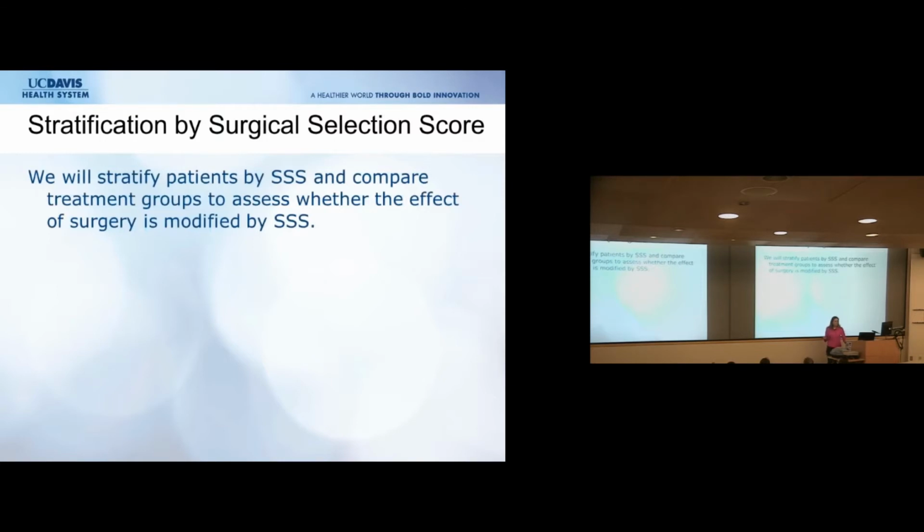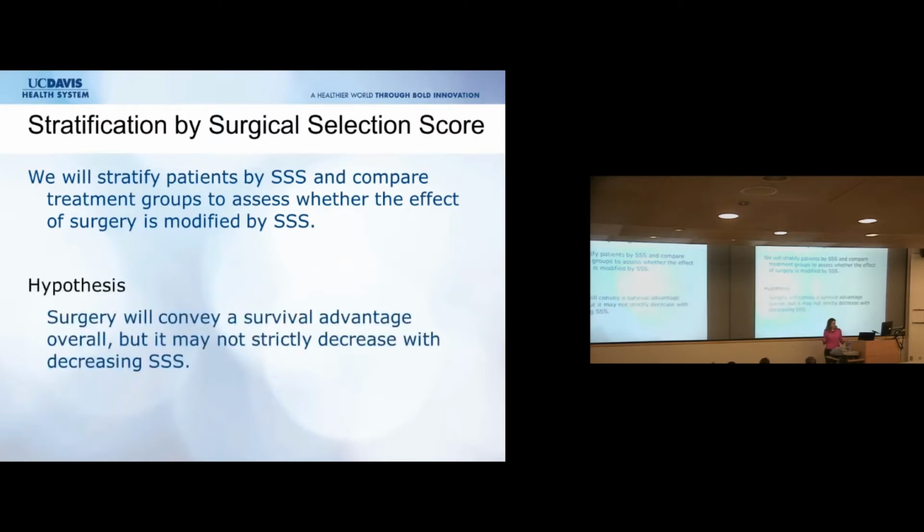So then we're going to stratify patients by their score and compare the treatment groups to assess whether or not the effect of surgery is modified by the score. Okay? And again, this is what I was mentioning, that we think that surgery is going to convey a survival advantage overall, but it may not strictly decrease as your survival score decreases.